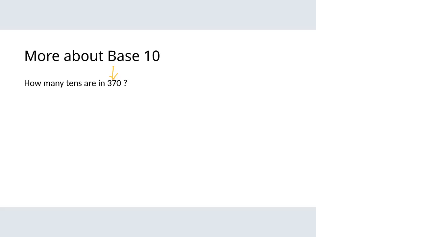There is a 7 in the tens place. Instead, let me rephrase my question here. If the number 370 were made up of only tens, how many would it take? So how many tens would it take to get that number?